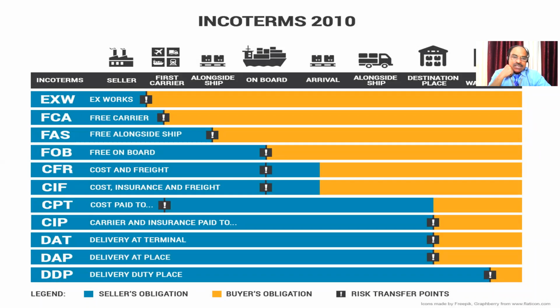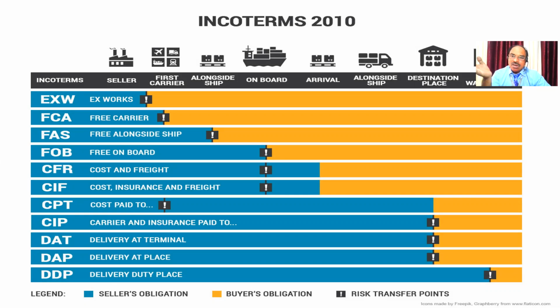Then you can see cost and freight. Cost and freight means India will take the risk of sending the goods by ship, and the ship will reach Canada up to the bonded warehouse. India will pay.